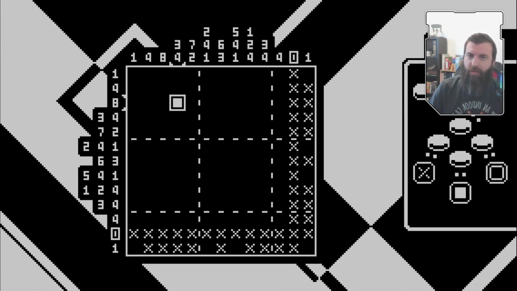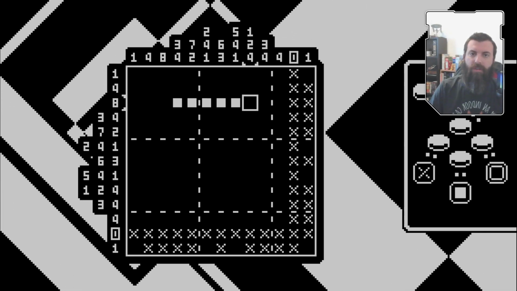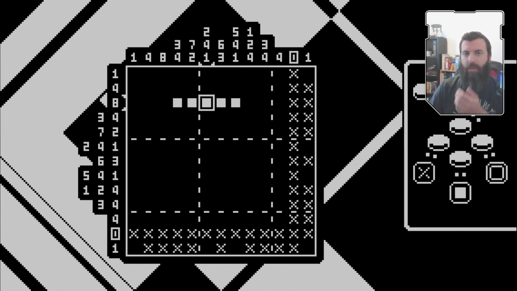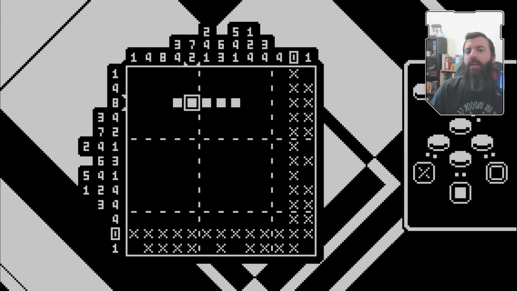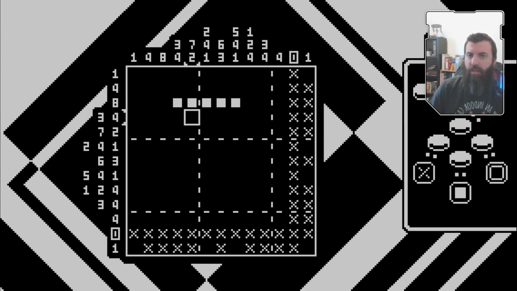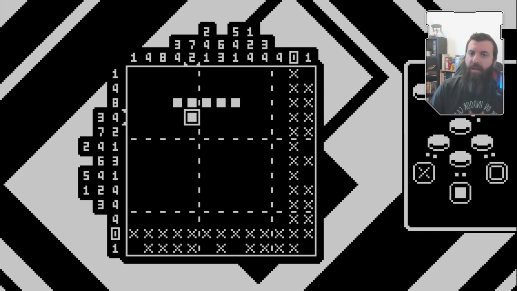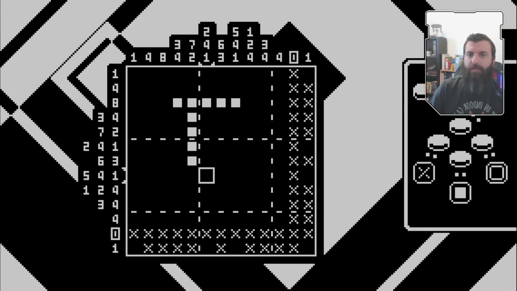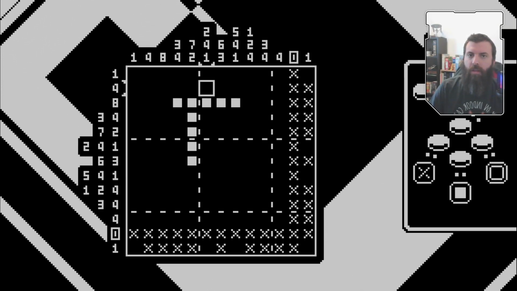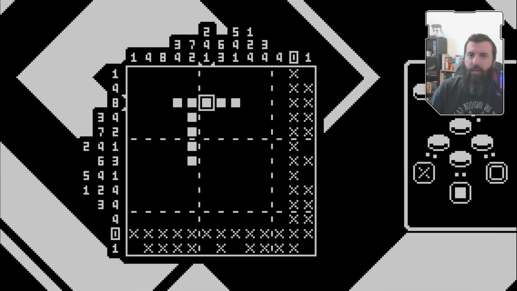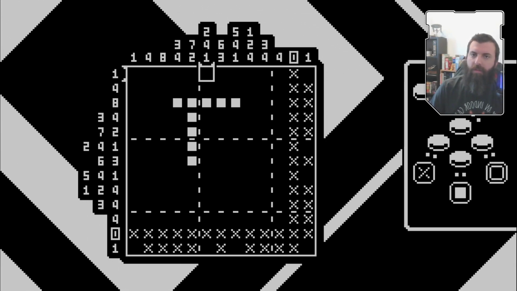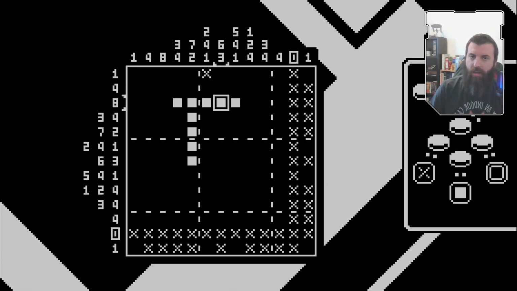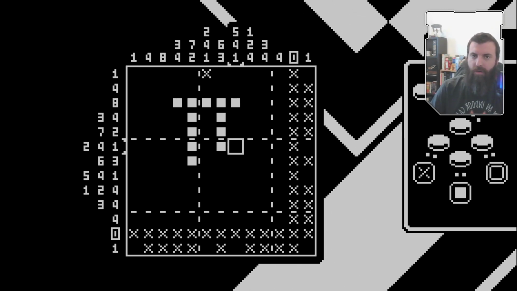That means that there's 3 pixels of wiggle room on this horizontal 8. You can use that to then say, all right, the 7 vertically is gonna have to reach at least here. And couldn't fit a 2 above this, so this spot is X'd out. A vertical 6 is gonna have to reach to at least here.